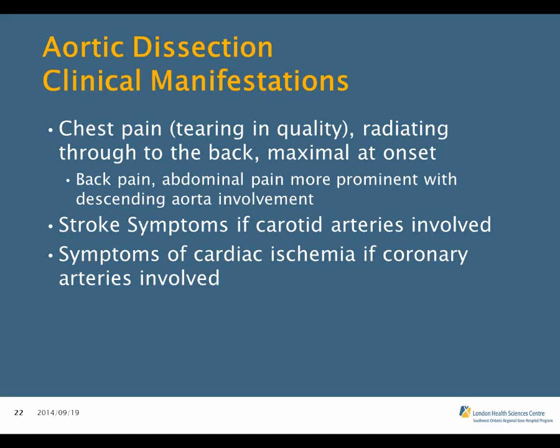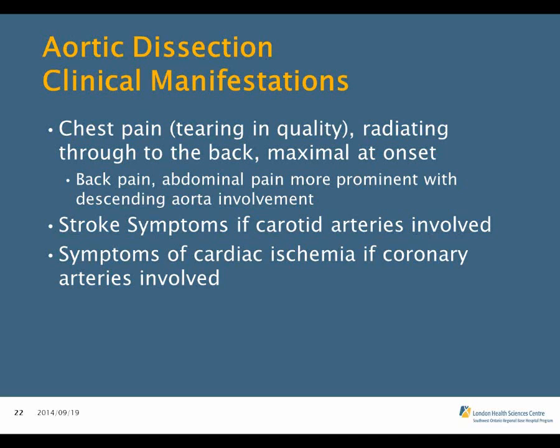The back pain can also occur, as well as abdominal pain, but this is more prominent when the tear extends down into the descending aorta, and obviously then the tear would go through into the abdomen. As I mentioned, the dissection flap itself, that flap of torn tissue, can occlude various arteries, including the carotids.